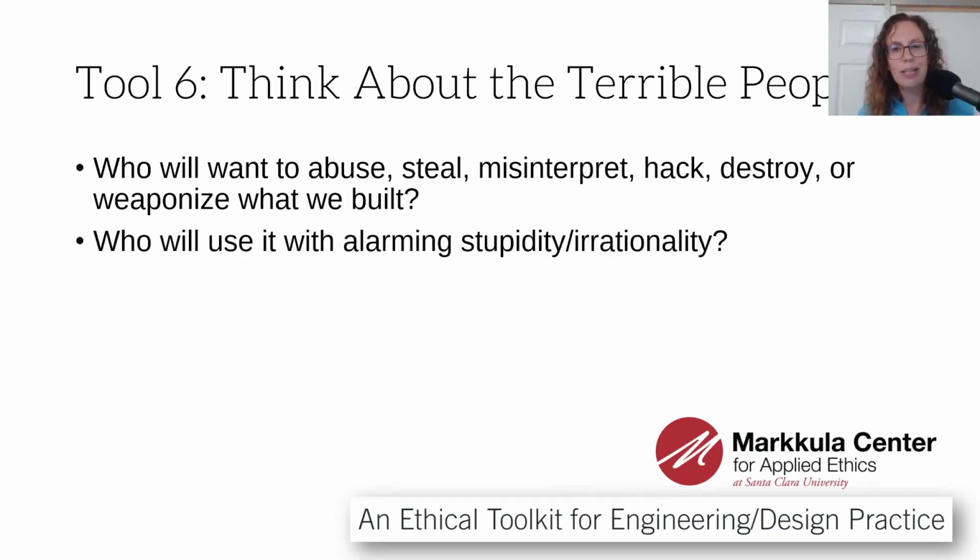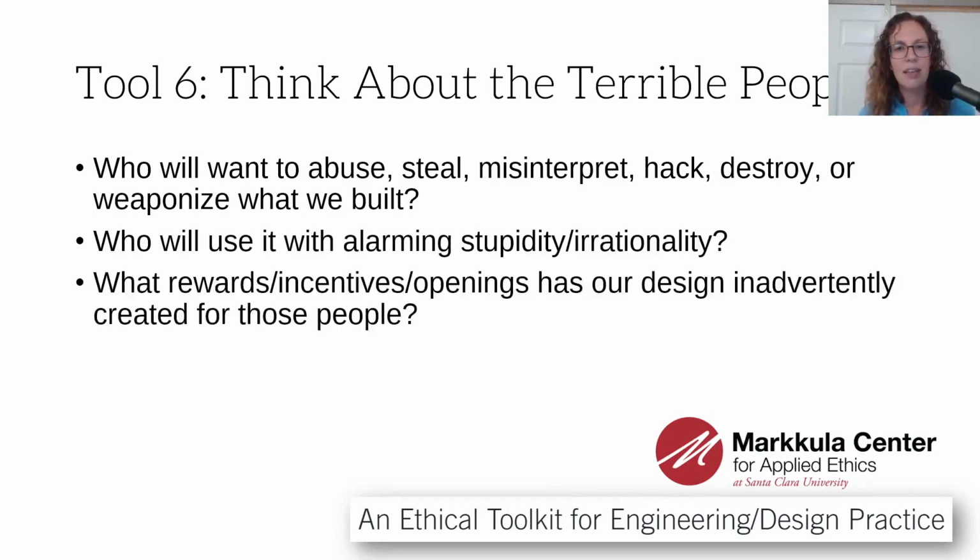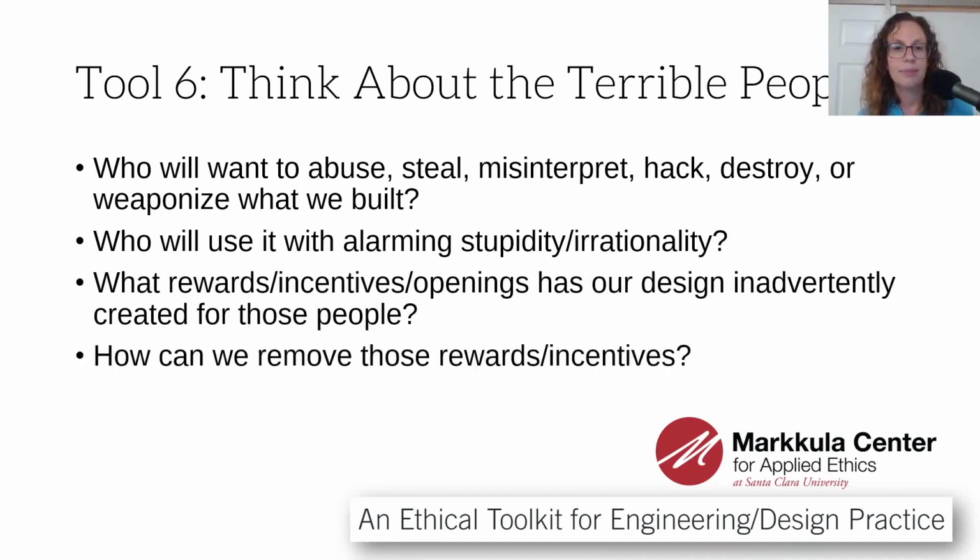Who will use it with alarming stupidity or irrationality? What rewards, incentives, openings has our design inadvertently created for those people? Remembering back to the section on metrics, how are people going to be trying to game or manipulate this? And how can we then remove those rewards or incentives? And so this is an important step to take.